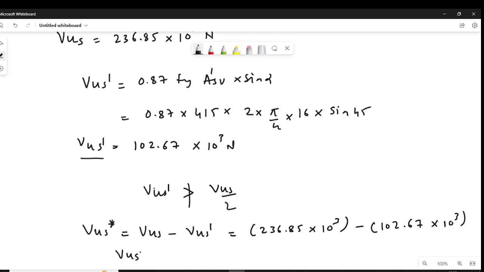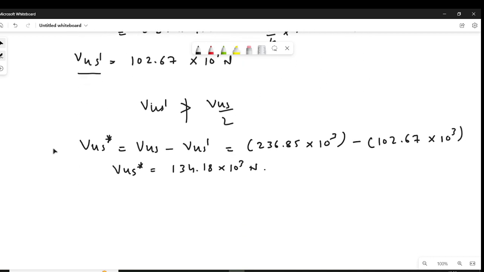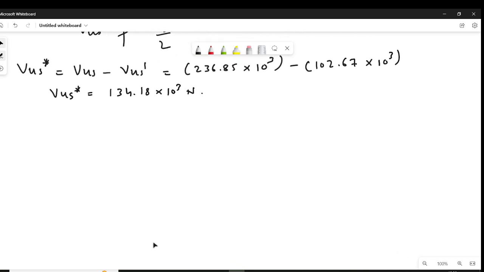After solving this, you will get the value of Vus star, which is equal to 134.18 into 10 to the power 3 Newton. So we got the net value of shear force in the beam. We have deducted the shear capacity of the concrete. We have also deducted the shear capacity of the curtailed bars. The net shear force is what we have to use to calculate the vertical stirrups.